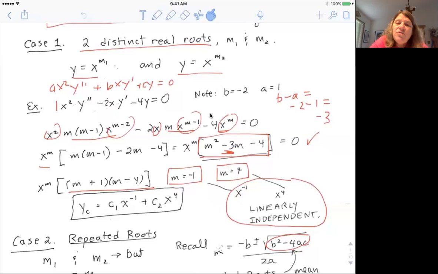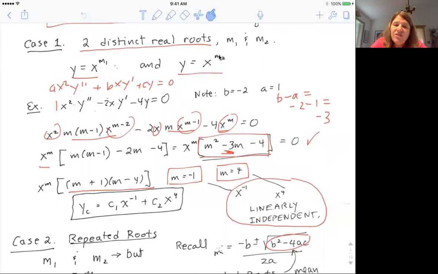We get 2 distinct real roots. We proved that if you have 2 distinct real roots, they look like y equals x to the m1 and y equals x to the m2, where m1 and m2 are the roots. If you have 3 distinct roots, same thing, it'll be another y equals x to the m3. I don't think I've really done one of third order yet, but it works exactly the same way.